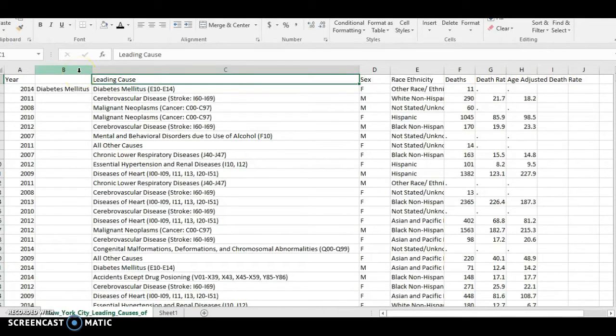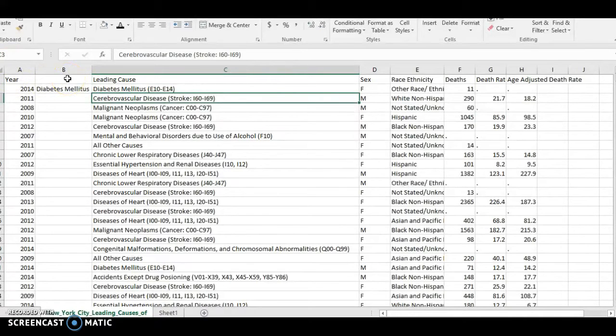There are seven years in the data file, from 2007 to 2014, and the causes of death are divided into 26 different categories. The factors of ethnicity include these categories: Asian Pacific, Black, Hispanic, unknown, white, and other.